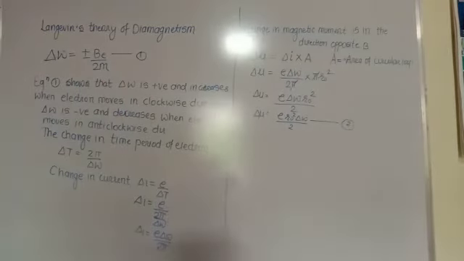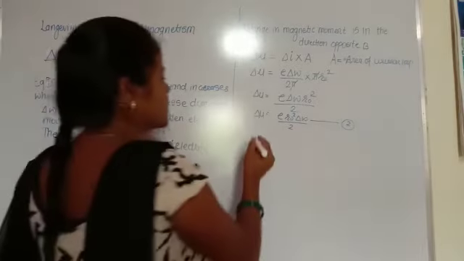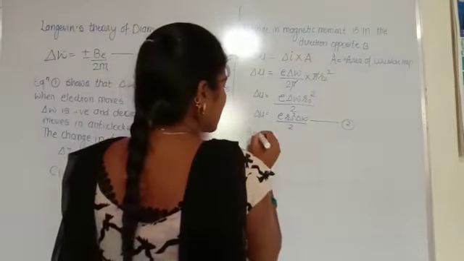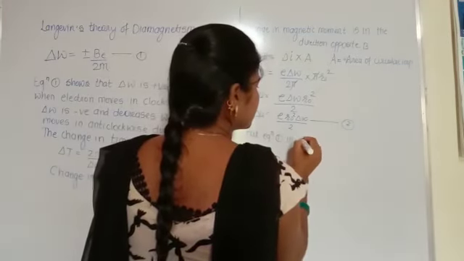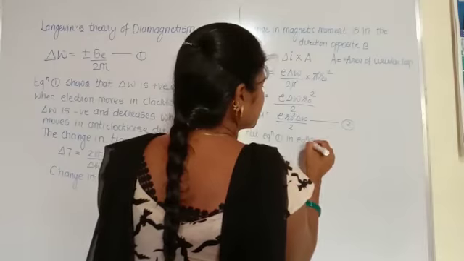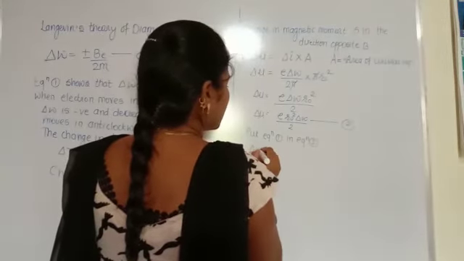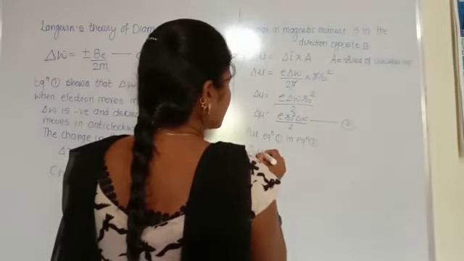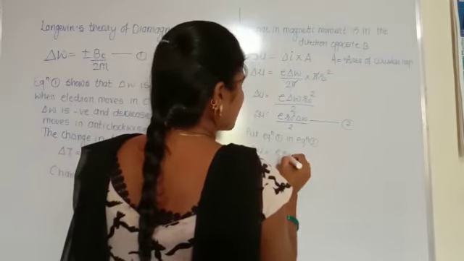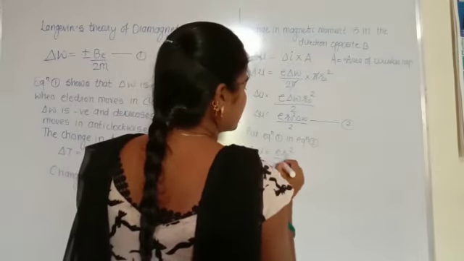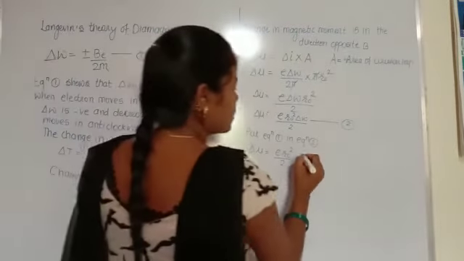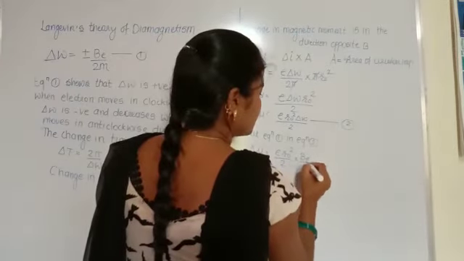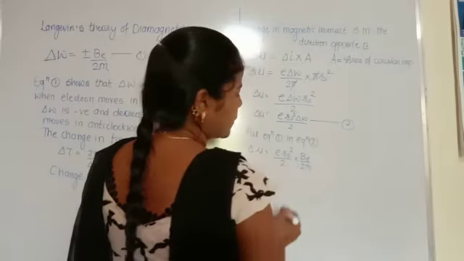Now put equation first in second. We get delta mu equals e r0 square divided by 2 into the value of delta omega, which is B e by 2m.